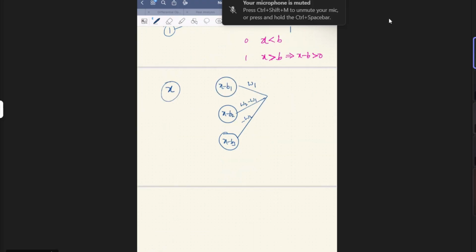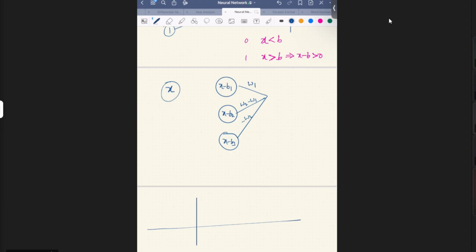Okay, let's see. Let's draw all the three pieces first. Let me keep a plot here. Let me keep B1 here, B2 here, and B3 here. We take that.